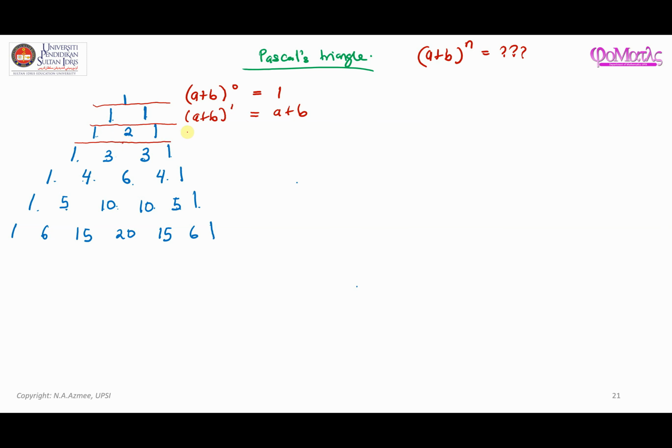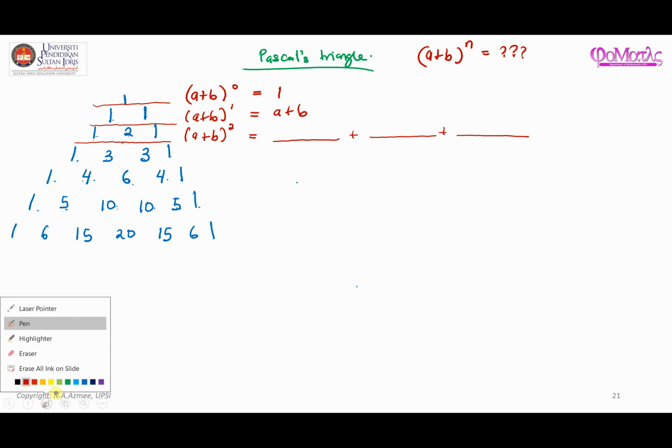So for this one here, it can be thought of as corresponding to the problem of finding a plus b squared. And the result here is, as you can see, we have 3 terms, 1, 2, 3. So we have 3 terms to add on.